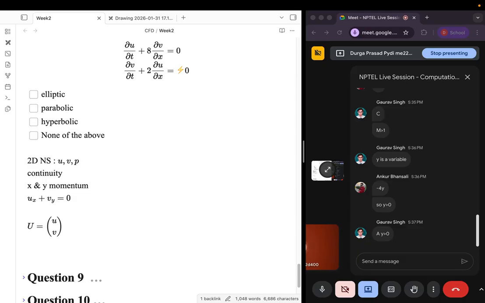And then you write the governing equation in terms of that, which will be u t plus some constant times ux equal to 0, where A is actually a matrix now.